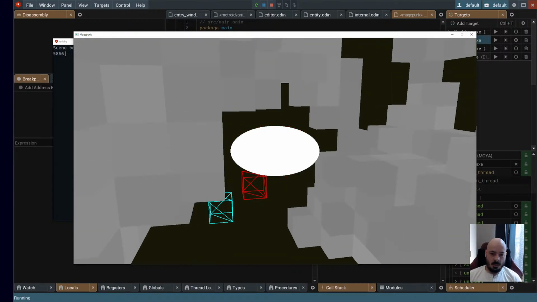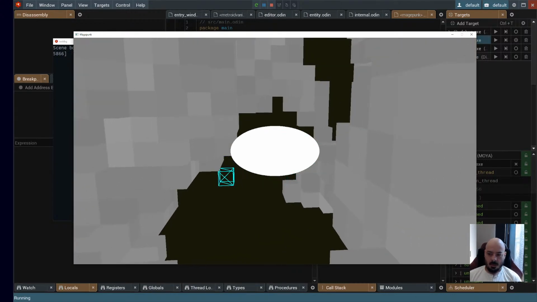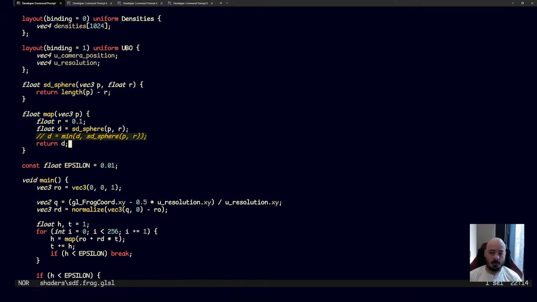So right now we're just drawing a big oval in the middle of the screen because we have no aspect ratio. We haven't done anything with the aspect ratio. It starts up fast, yeah, I guess.